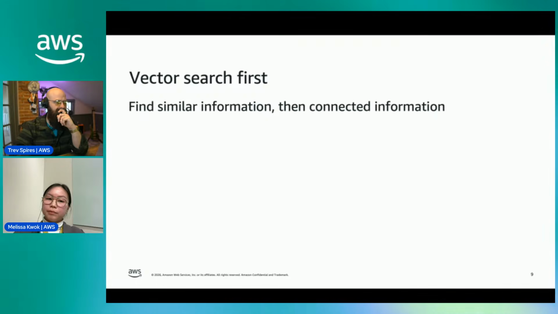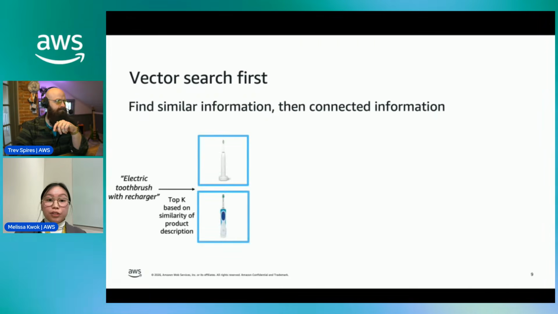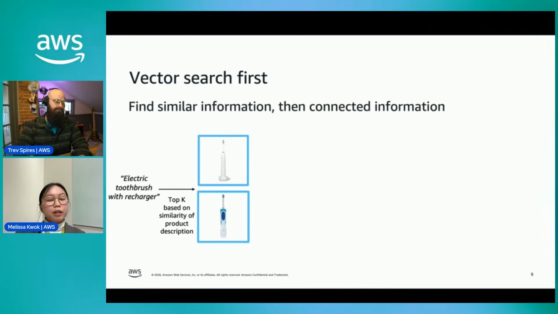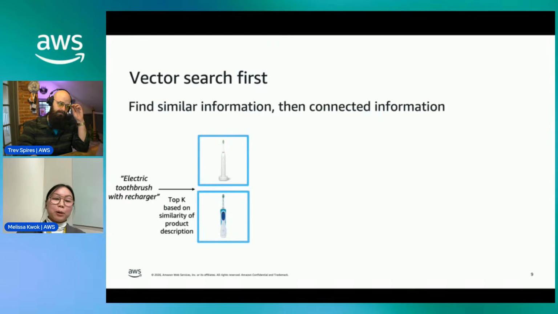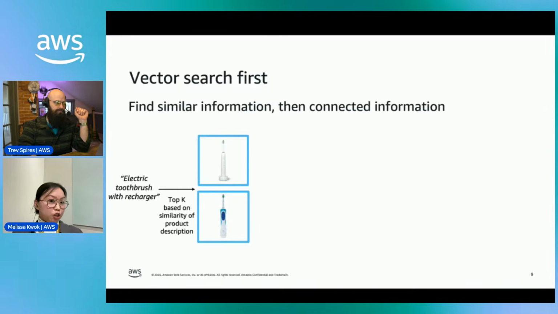An example I want to use for this is an online retail platform. Let's say our user comes in and we use a semantic search to help them find what they're looking for. Someone is looking for an electric toothbrush and wants to make sure it's rechargeable.